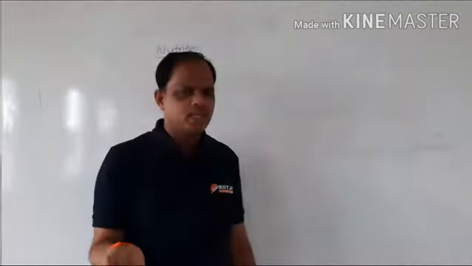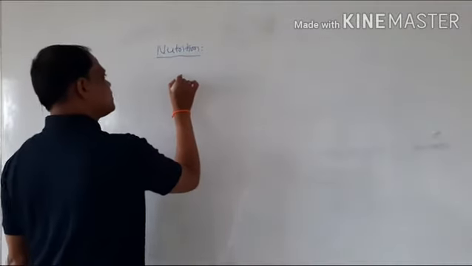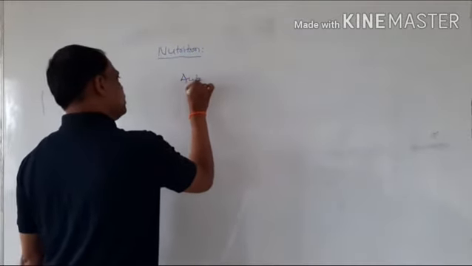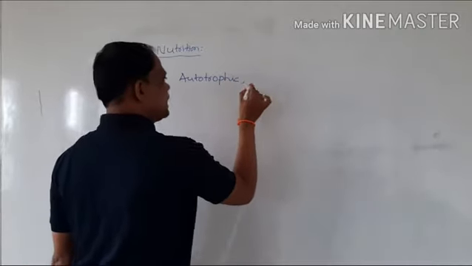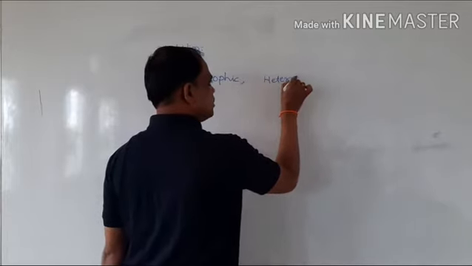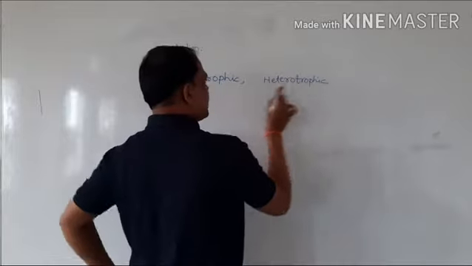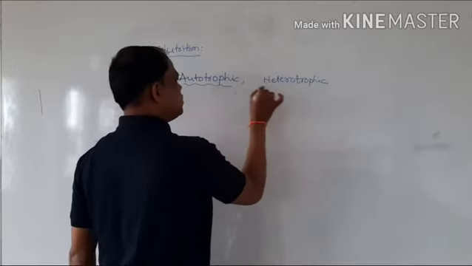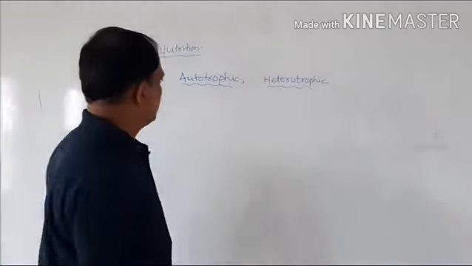Based on this dependence and independence, all organisms are mainly of two types: one is autotrophic, the second is heterotrophic.